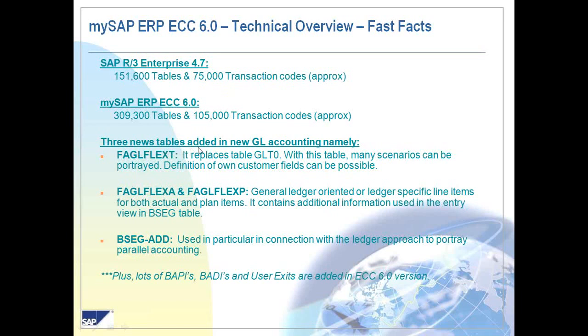So there are 3 new tables available in UGL accounting, that is FAGL text table, and FAGL text here, and FAGL text P. Okay. So these tables are introduced because I don't want to disturb the classical GL. Okay, in addition to the classical GL, I want additional reporting. That is why these new tables are required.